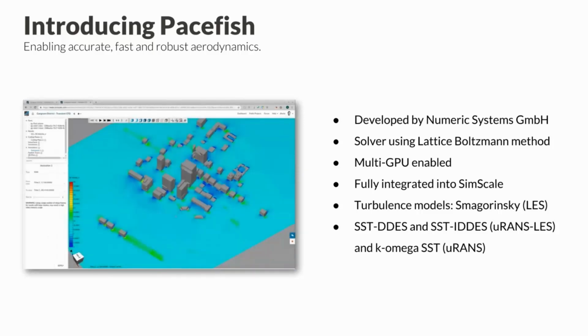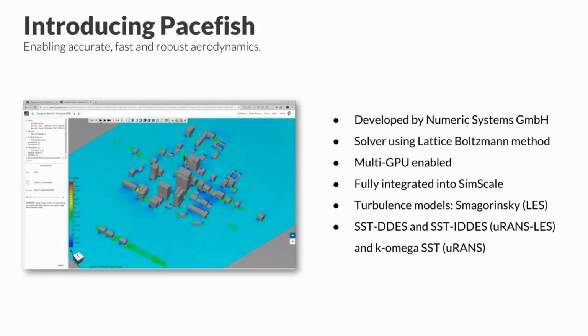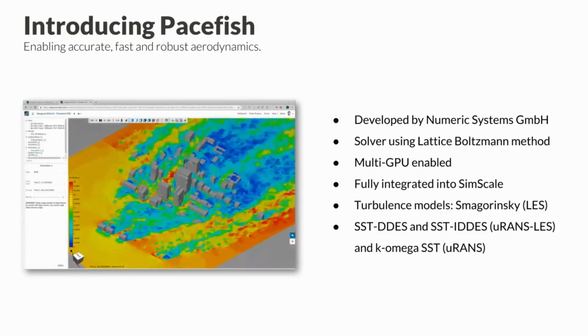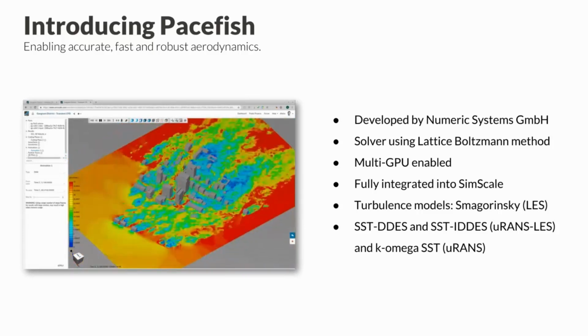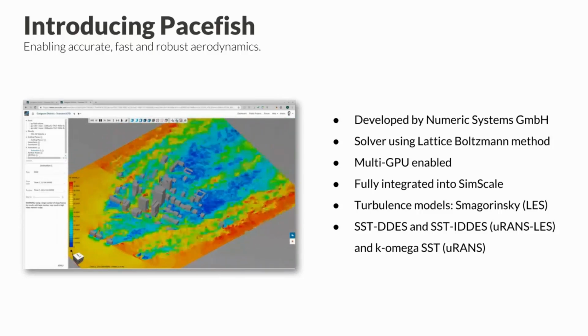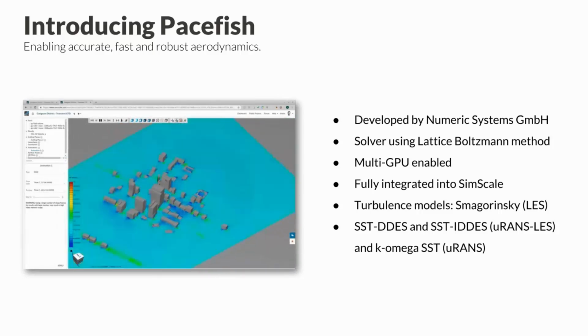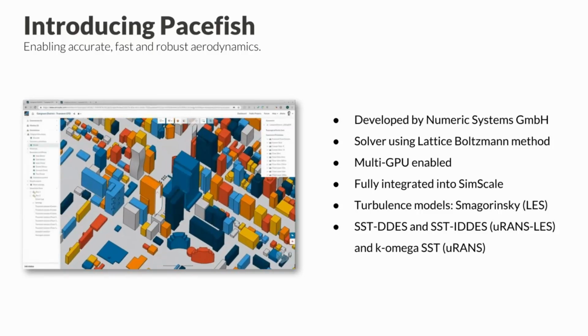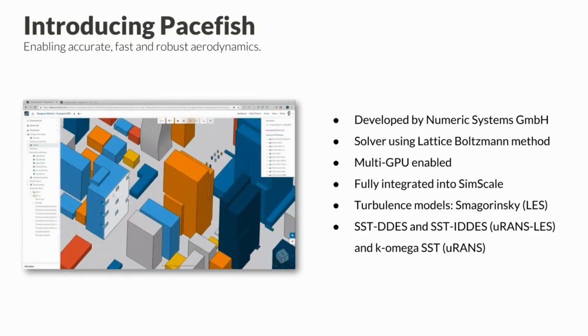It fundamentally uses the Lattice Boltzmann method as opposed to the finite volume method that is used by OpenFOAM. It runs multi-GPU, so it doesn't run on just one GPU, but since we're running in the cloud, we're firing up large GPU instances, and we're running the code in parallel on multiple GPUs, and the problem is distributed across them.